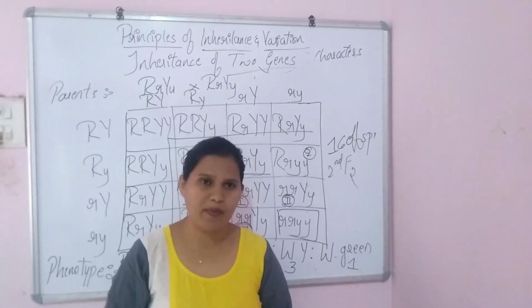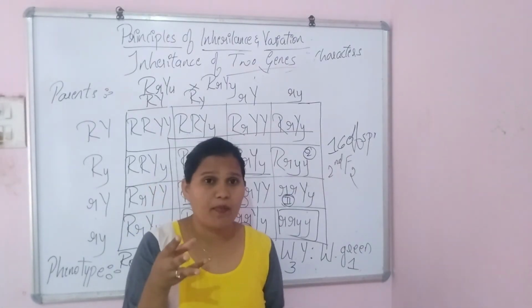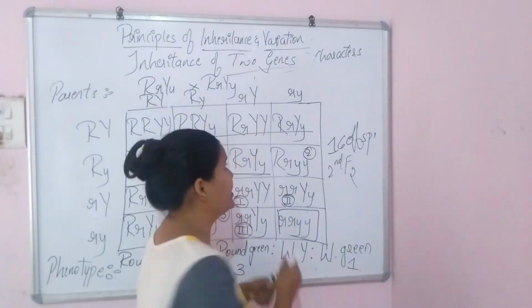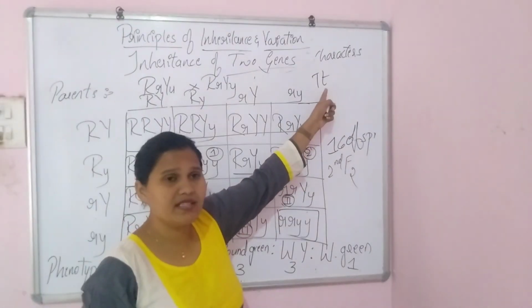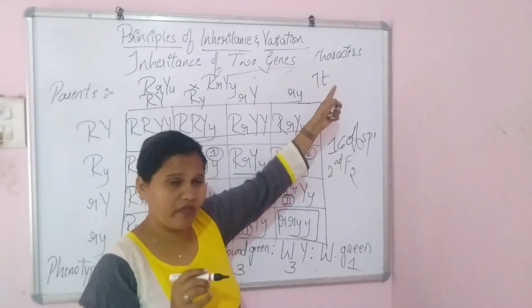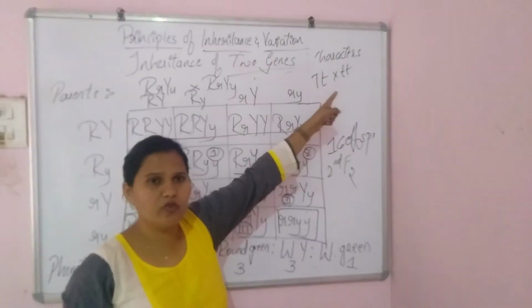In case of the monohybrid test cross, what we did was take the phenotype of the F1 generation, that is capital T small t, and in order to find its genotype, we crossed it with its parent, that is the recessive dwarf.